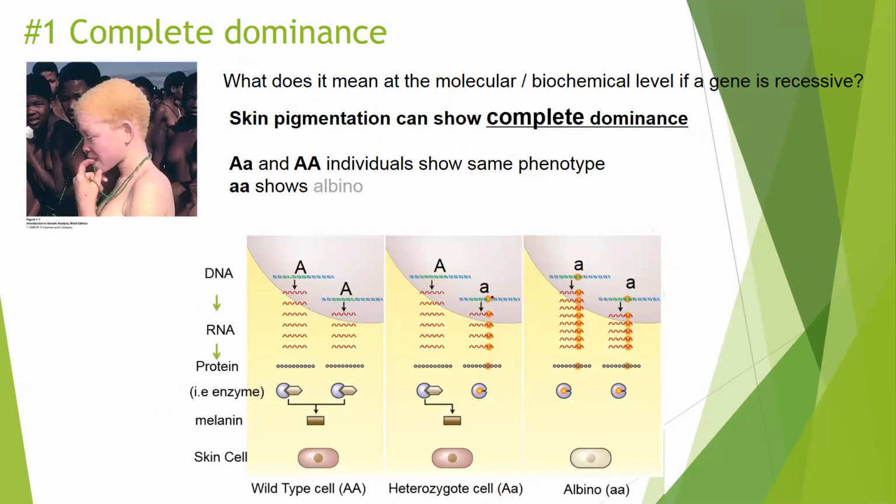All right, example. In human, the skin color is usually caused by the melanin. This can give us the dark skin color, the skin pigmentation. Okay, so for the wild type, which is the dominant, we use big A to represent this.